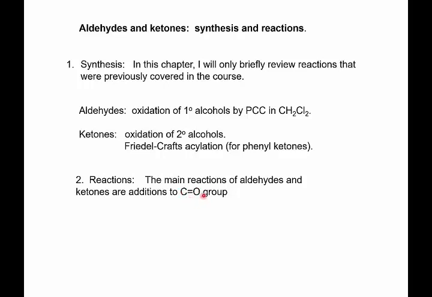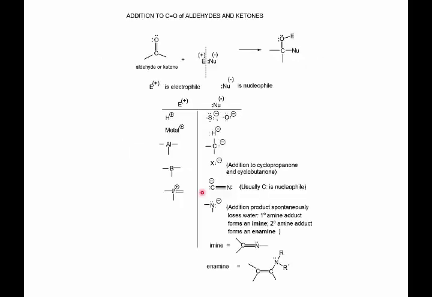Well, note we have a double bond, C double bond O, and that calls to mind the fact that if we have a C-C double bond in an alkene, remember alkenes, their primary reaction is addition, and so we have a parallel situation here. The majority of reactions of aldehydes and ketones are addition to the carbonyl group.